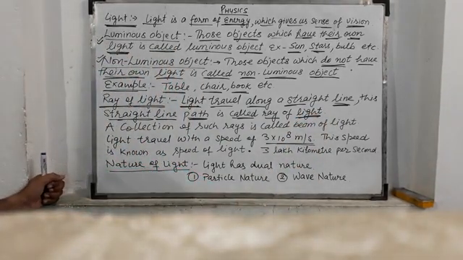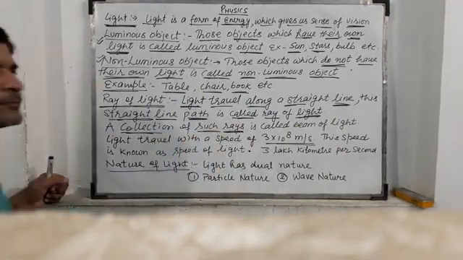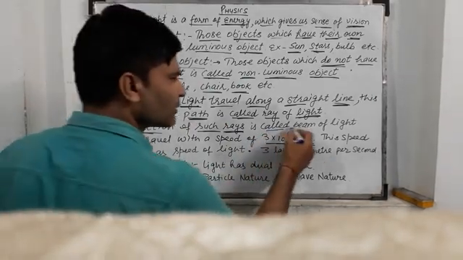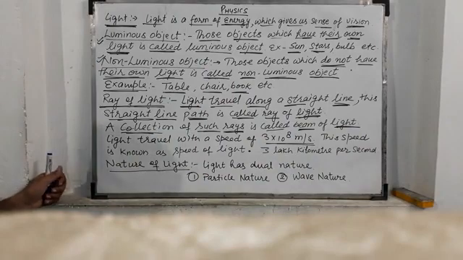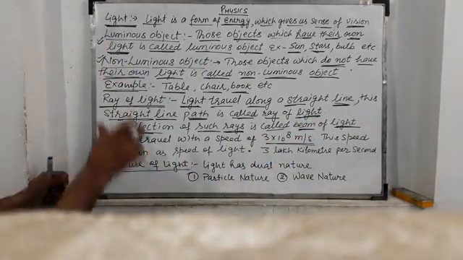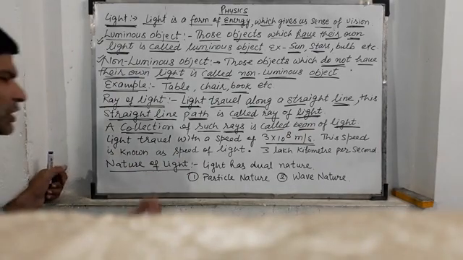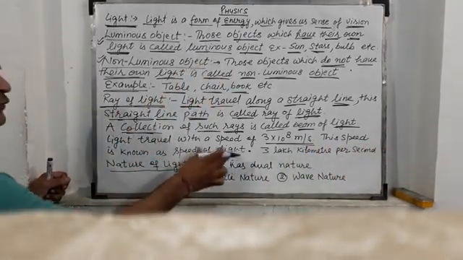The collection of such rays of light is called a beam of light. It means a beam of light has a number of light rays. These light rays travel with the speed of light.